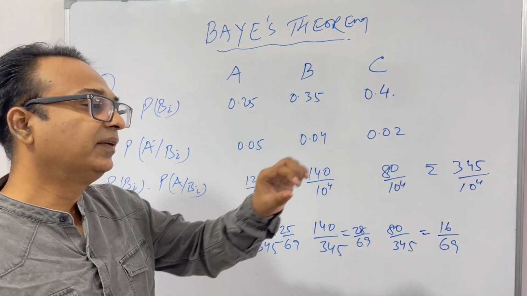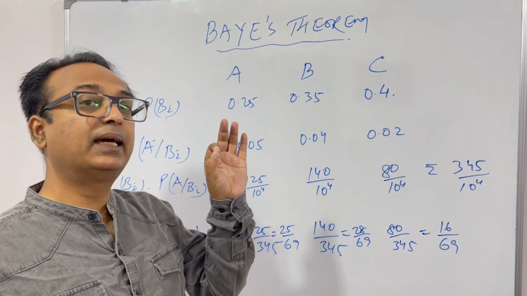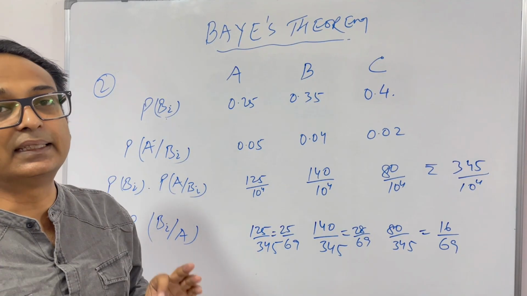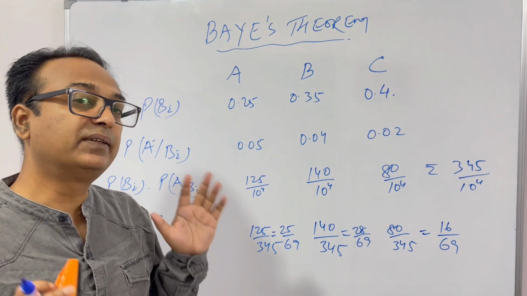Now, the question is, out of a lot of bolts, so many thousands and millions of bolts, we take out one bolt and it satisfies the event A, that is, the bolt is defective.